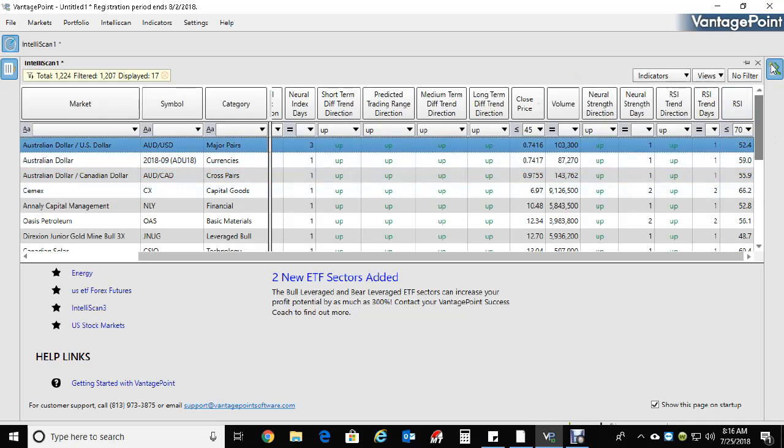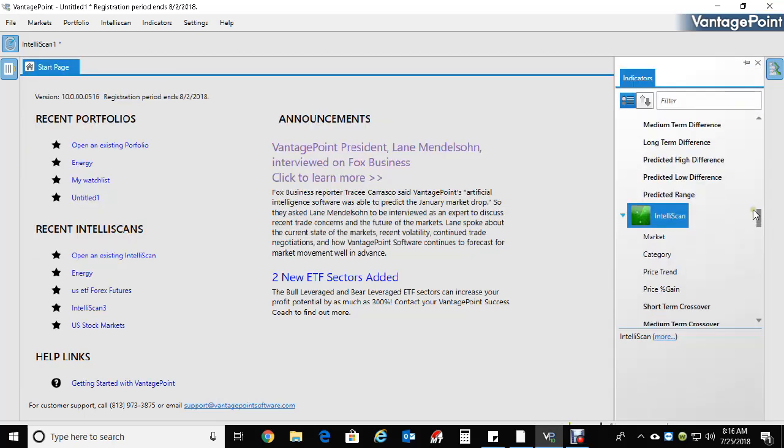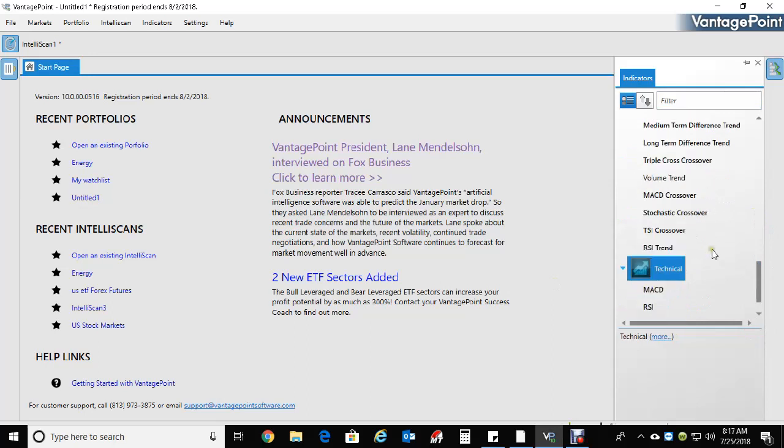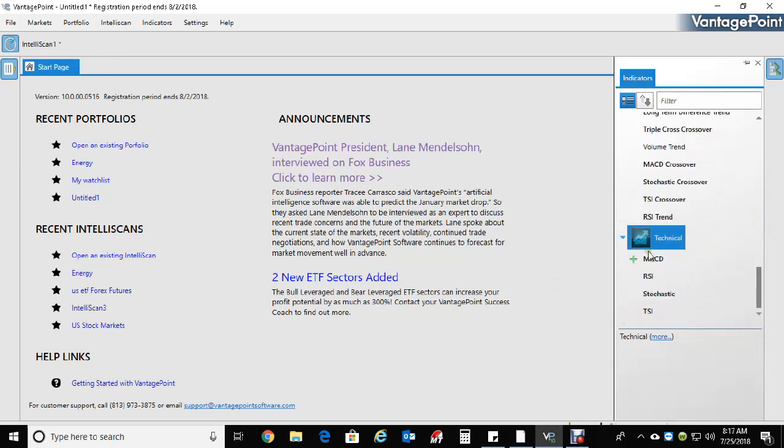Okay, so you found this RSI, or however it got there, from your technical indicators. Down here, on your technical indicators, you have a MACD, RSI, and stochastics, and PSI. Okay.